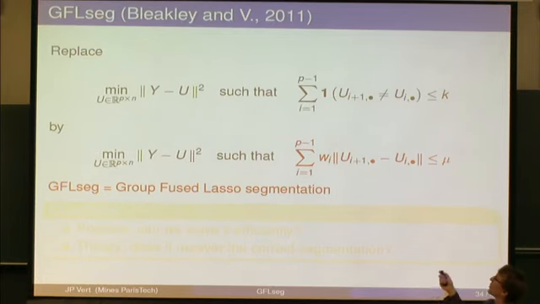Perhaps I can replace the number of non-zero increments by the group norm corresponding to these increments, which in practice means you take the sum over all the positions of the Euclidean norm of the difference between the vector at t plus 1 minus the vector at t. And if you minimize this objective function with this constraint, then the solution you can show will be piecewise constant in p dimensions. Because it will be sparse at the level of groups, and the groups are the multidimensional increments. So it's really the generalization of the fused lasso.